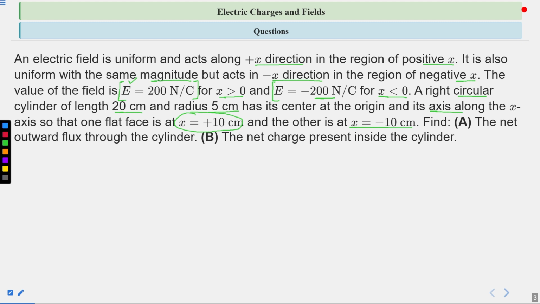You have to find out: A, the net outward flux through the cylinder, and B, the net charge present inside the cylinder. So in the first part we have to calculate the outward flux, and in the second we have to calculate the net charge present in the cylinder.